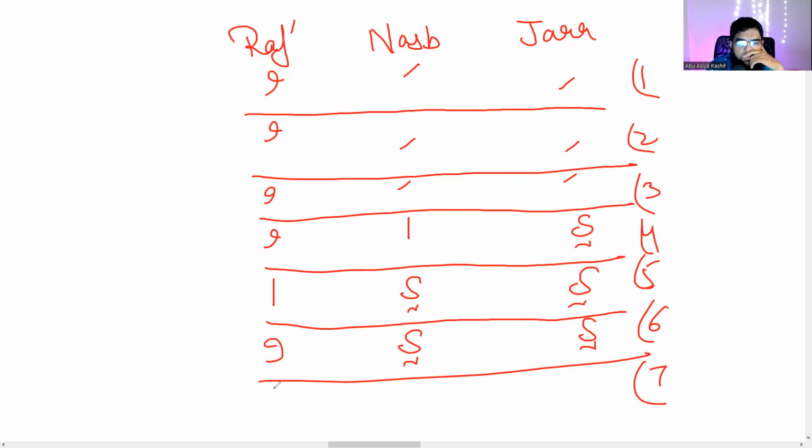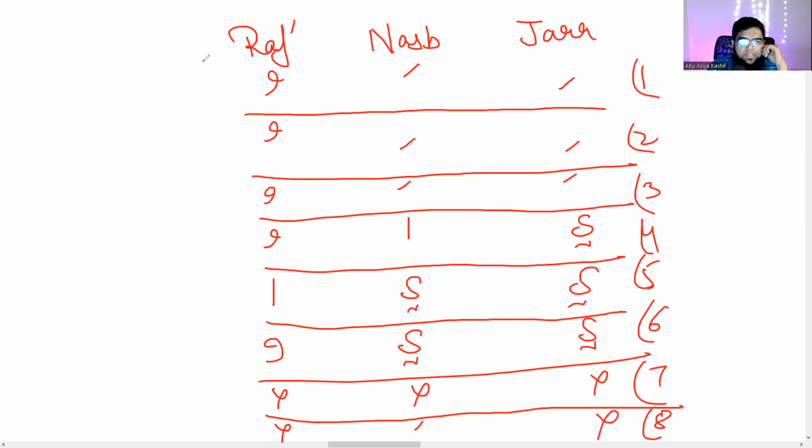So 1 was where everything was assumed. You cannot see anything. This was in maqsoor and ya mutakallim. Then we learned about manqus. We cannot see rafa. Nasb we can see with the fatha. But jar also we cannot see.